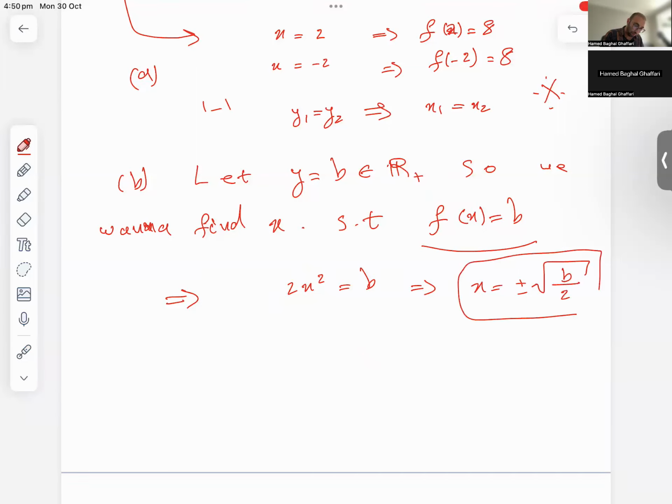So if we choose the positive or negative square root of b over 2, we will get b. So this means the image of the function is exactly the range of the function. So f is surjective.